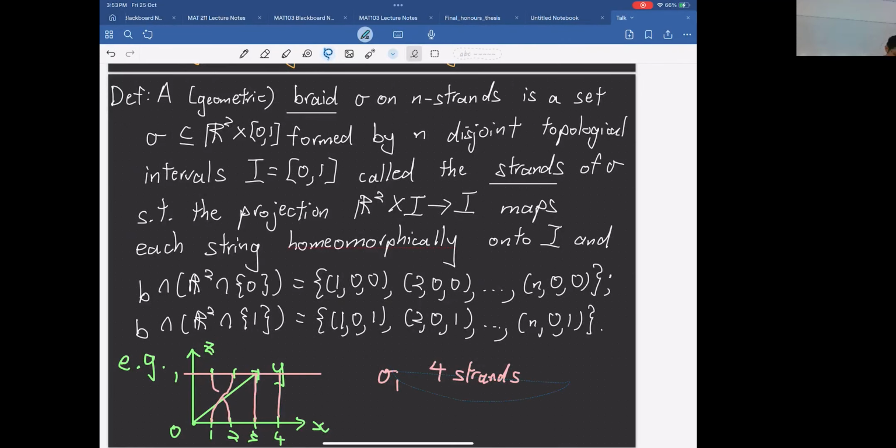Strand 3 should also be called sigma 1. You can do random crossings, but I just give you an idea. If you check the endpoints, it should be 4 points, both endpoints, starting at time 0 and ending at time 1. There should be n endpoints here.